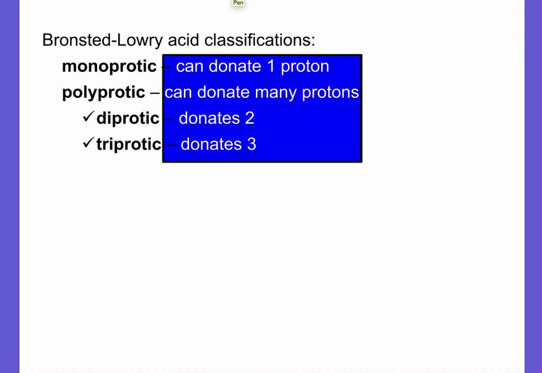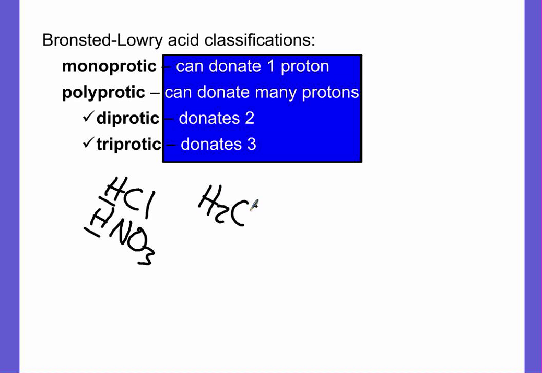So like I said, we have lots of monoprotic acids, like hydrochloric acid we just talked about, or nitric acid. Those are monoprotic because they only have 1 hydrogen to donate. And you can see that in the formula. We have diprotic acids, like maybe this one.